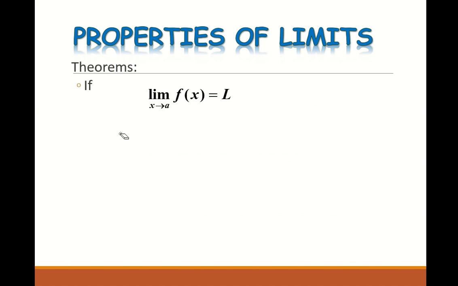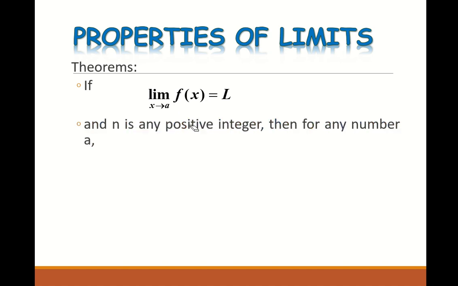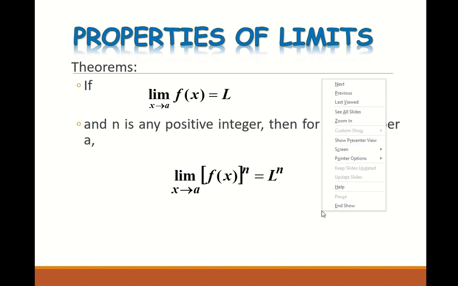Next, if the limit of f of x as x approaches a is equal to L, and n is any positive integer, then for any number a, the limit of the function of x raised to the power n as x approaches a is equal to L to the n. So what does it mean?